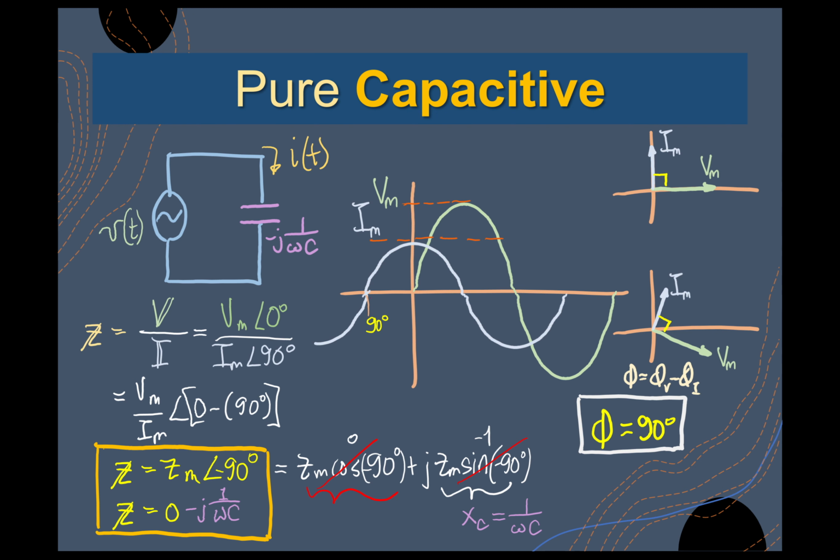As a rule of thumb, we treat the angle of your voltage as 0 degrees, such that it is easier to solve and also to illustrate the phasor diagram, as you can see in this presentation. That's it for the purely capacitive circuit.